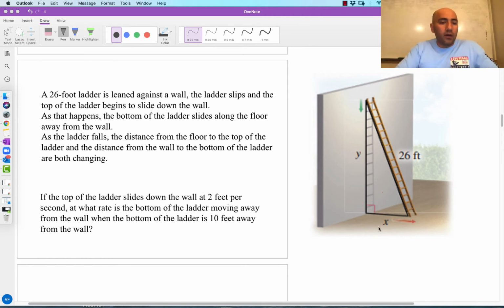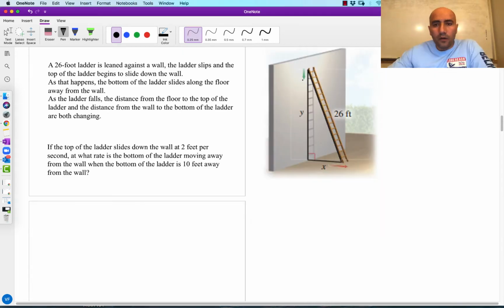Okay, so now if the top of the ladder slides down the wall at 2 feet per second, at what rate is the bottom of the ladder moving away from the wall when the bottom of the ladder is 10 feet away from the wall? Okay, so what we need to do is come up with an equation that brings together the variables that we're working with.